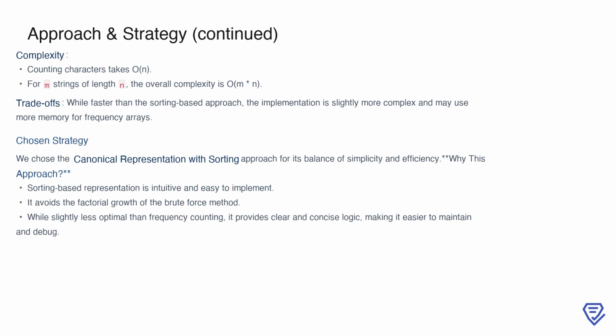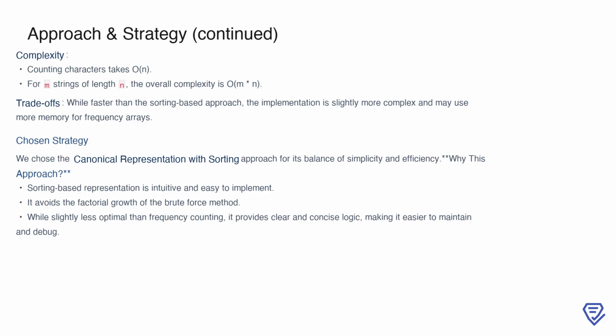With the frequency counting approach, the complexity of counting characters is linear, or O(n), for each string. For m strings of length n, the total time complexity is O(m*n), which is faster than the sorting-based approach. However, this method may require more memory to store frequency arrays, and the implementation is somewhat less intuitive compared to sorting.